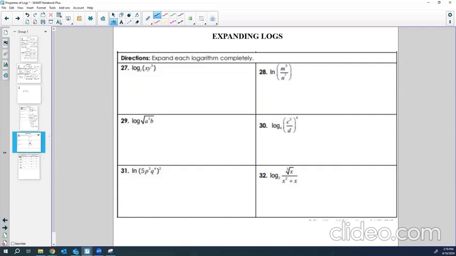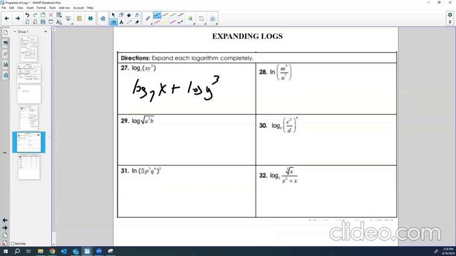Okay, so first now we have x times y cubed, right? That's multiplying together. Let's separate those two first. So that's gonna give me what? Log base 7 of x plus log of y cubed.